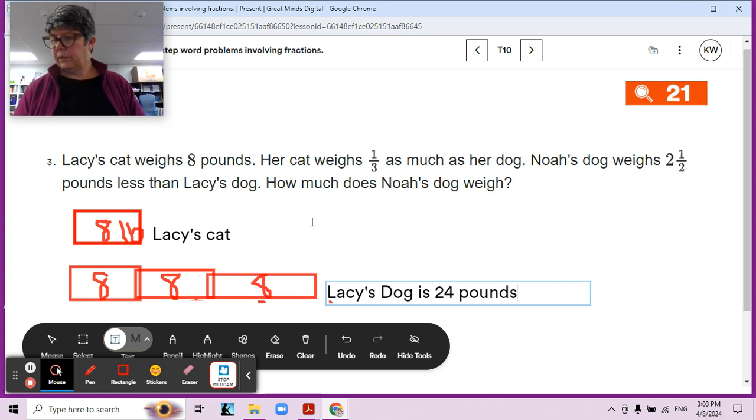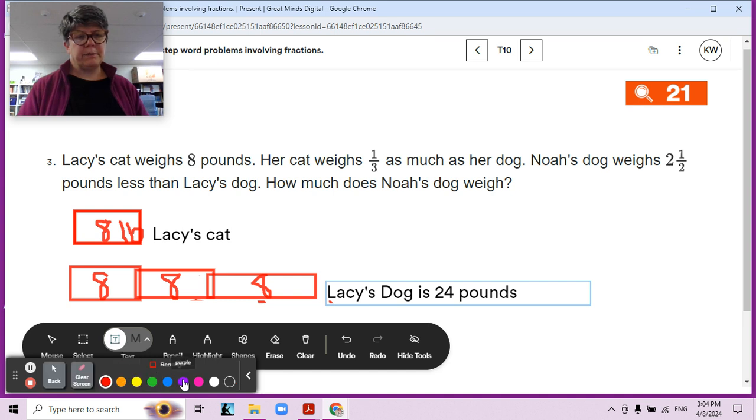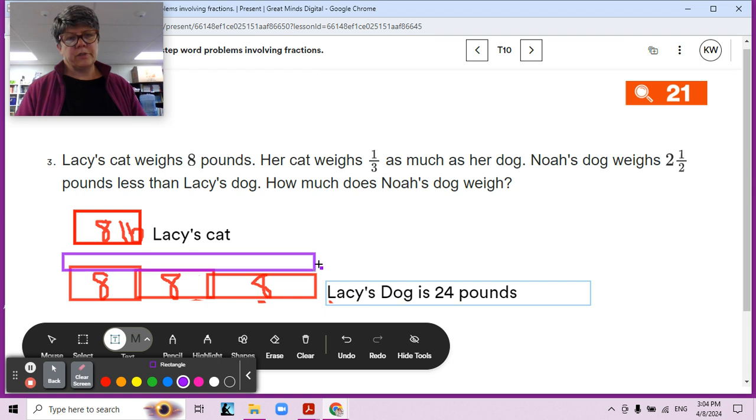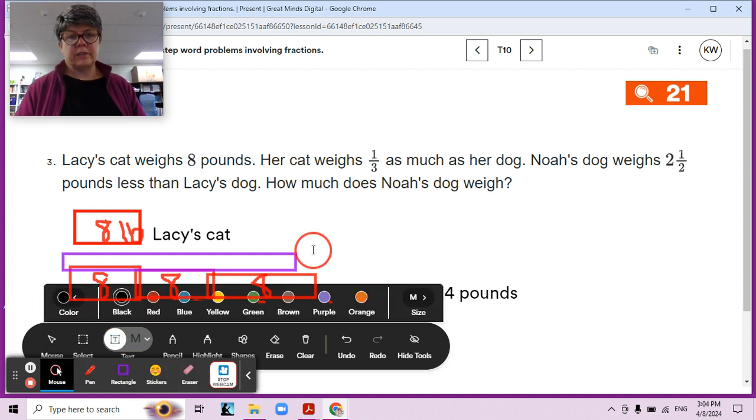Oh, okay. So let's get a different color tape diagram here. 2.5 pounds less. Here's Noah's dog, but it's 2.5 pounds less, so we could just show it being a little bit less.